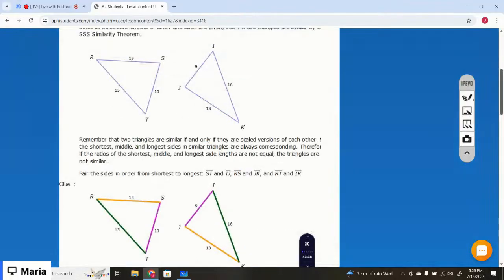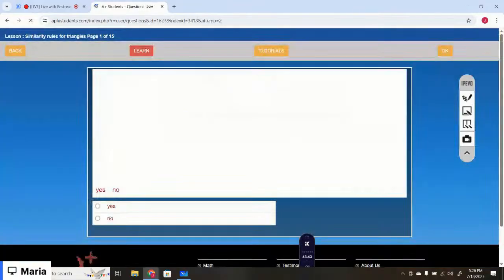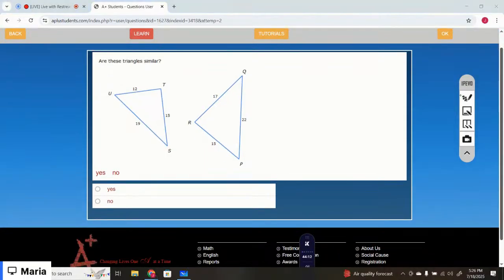Okay, let's just start with the test questions. Are these triangles similar?